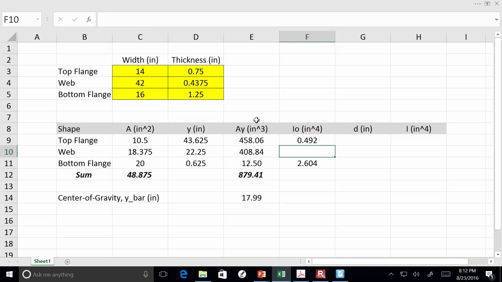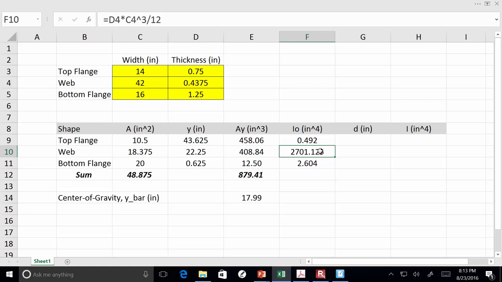Now, when you do the web, again, width times height. So it's that, oh, have a negative in there, that times that cubed divided by 12. And you'll know you're right because when you do this calc, you'll get really itty-bitty numbers for the flanges, but a big one for the web.